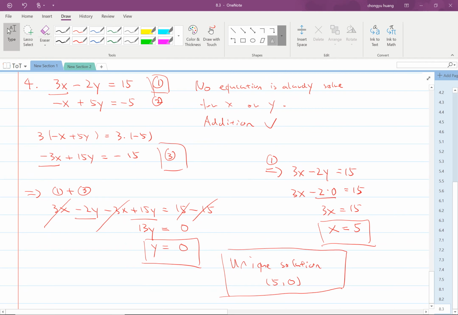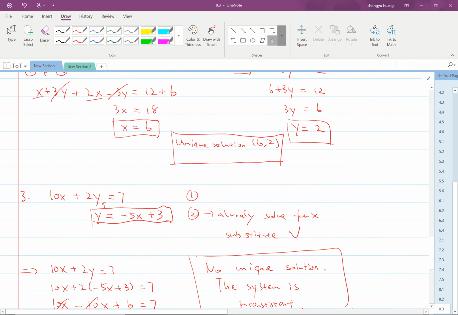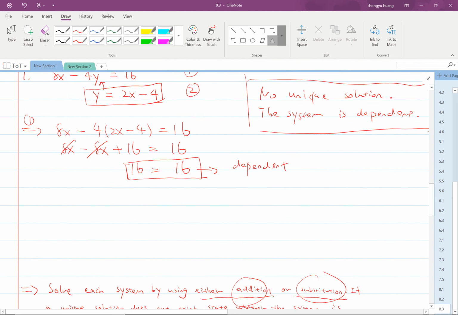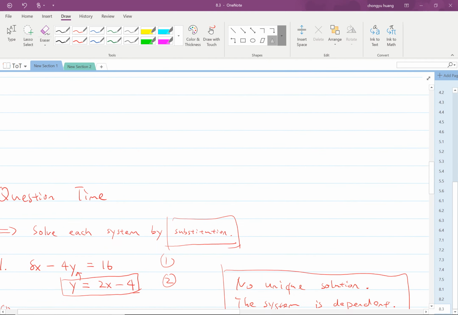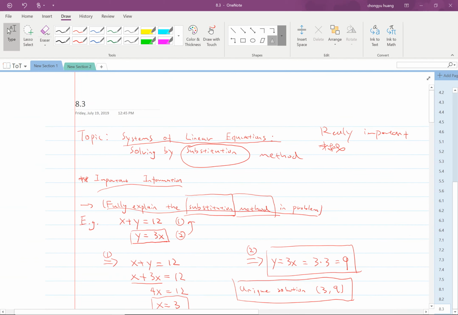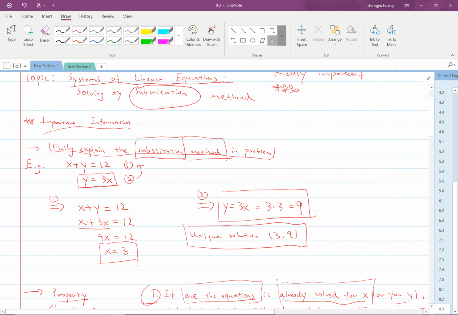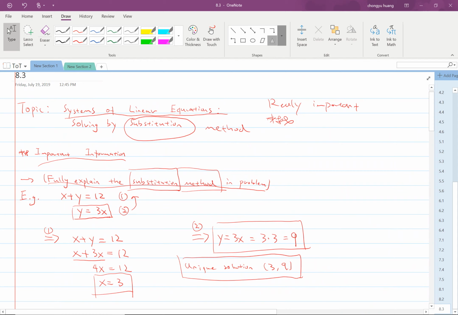In this section we talked about how to use the substitution method.